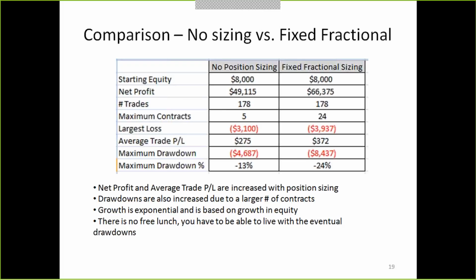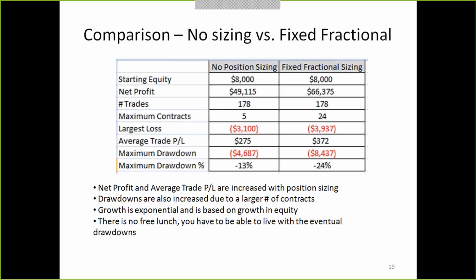Now, we do have a larger loss with the fixed fractional sizing, and that really makes sense when you think about it, because if you're trading 24 versus 5 contracts, when things do go wrong and you have a loss, it's a loss on a larger number of contracts, so the loss is going to be larger.